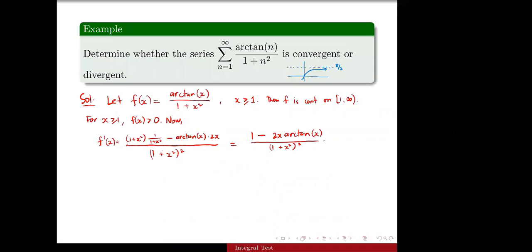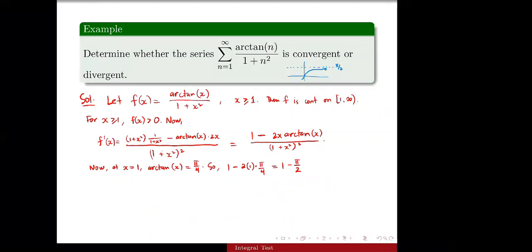Now, at x equals 1, arctan of x is equal to pi over 4. Correct? So 1 minus 2 times 1 times pi over 4 is equal to 1 minus pi over 2.